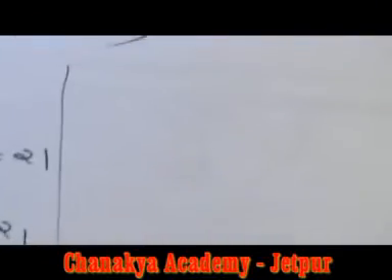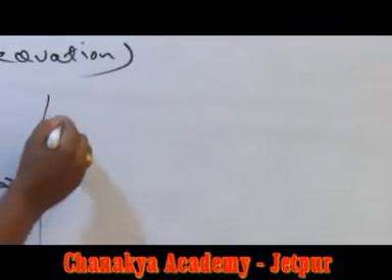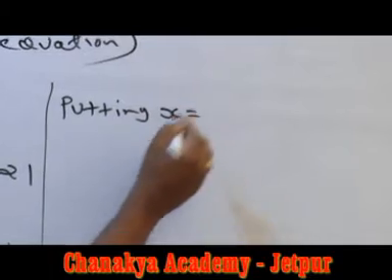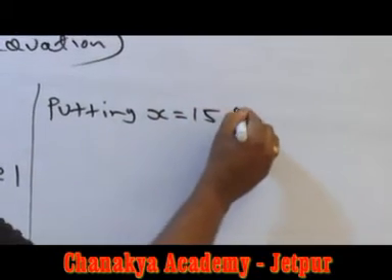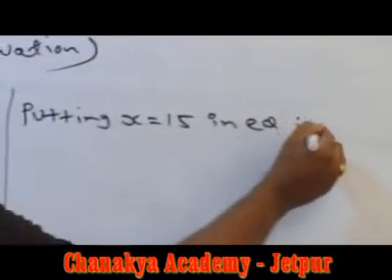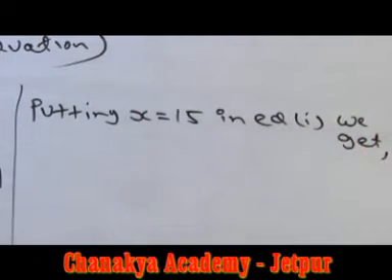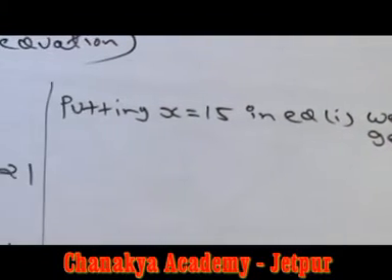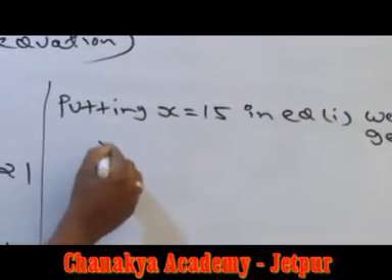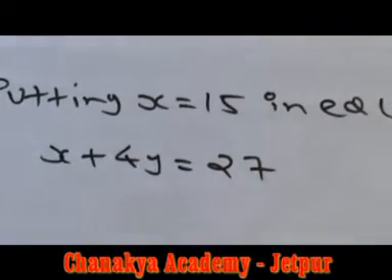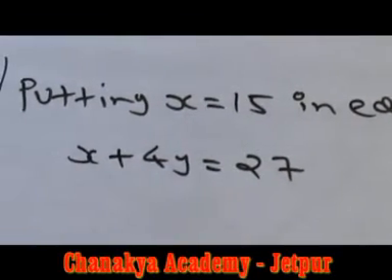Okay, now in next step, substituting the value of x equal to 15 in equation number 1, we get, okay, what is our equation number 1? X plus 4y equal to 27. Repeat, x plus 4y equal to 27.